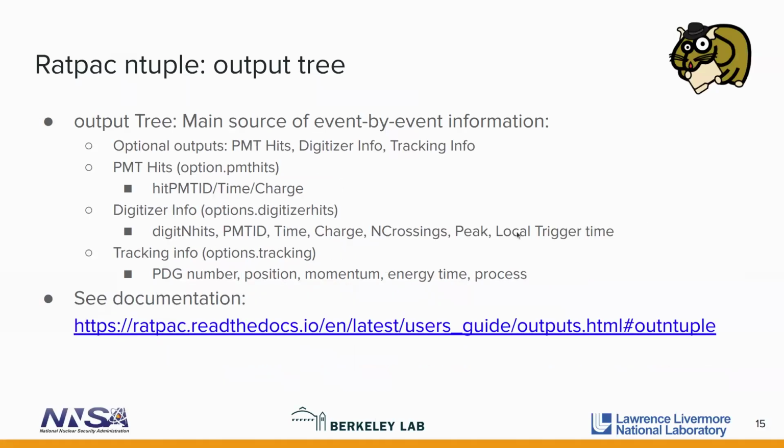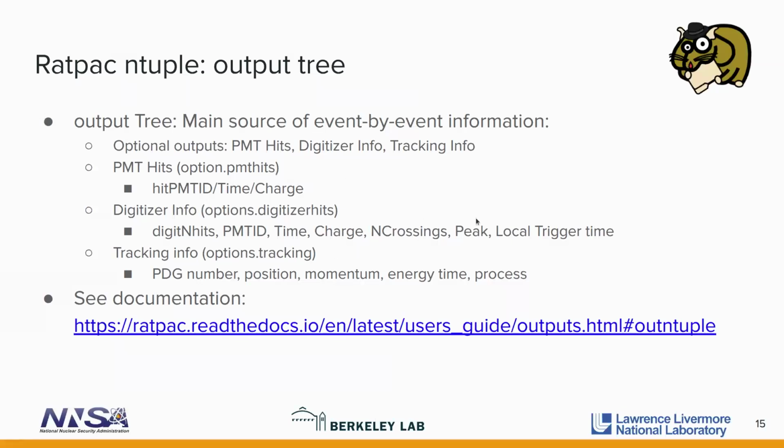You can see the documentation has a lot of information about what is written out here. And there are also optional outputs that you can control in your macro, including the PMT hits. Each hit PMT will get an entry in here with the ID, time, and charge of the hits.